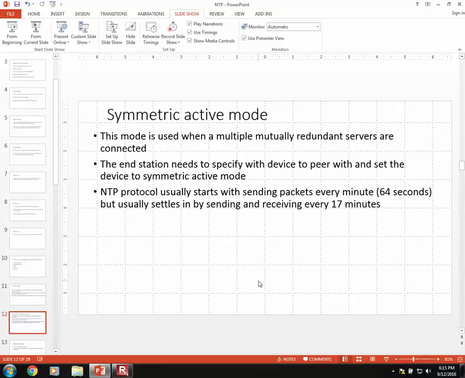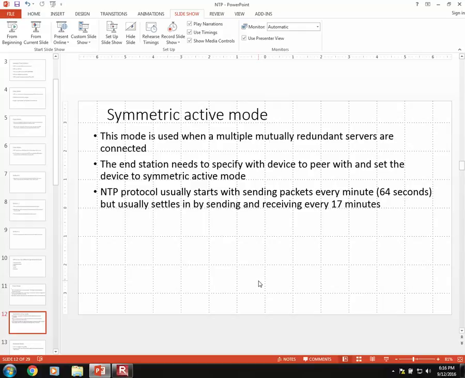Symmetric active mode is used when multiple mutually redundant servers are connected. Very often in a critical system, you're going to want to have multiple time servers at each stratum, just in case something happens to one and it crashes, because it's going to be detrimental if you have to keep accurate time. So very often you have mutually redundant servers at each stratum level.